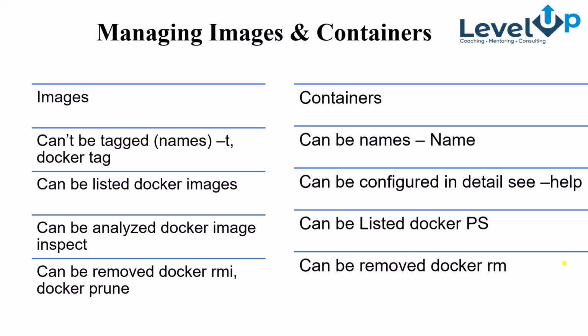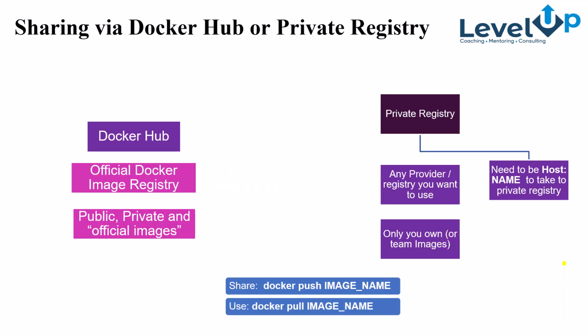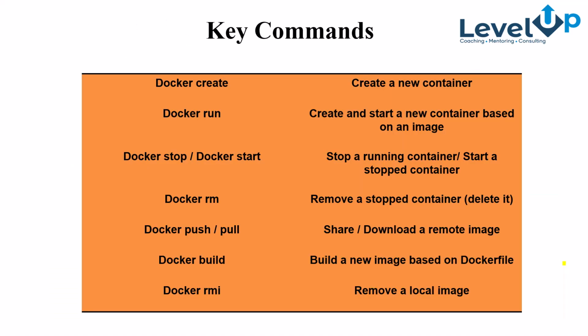We will see these commands in the next hands-on exercise. The basic commands for container operations are docker create, docker run, docker stop, start, docker rm, docker push, pull, build, and rmi. We'll understand all these commands in detail in the next chapter.